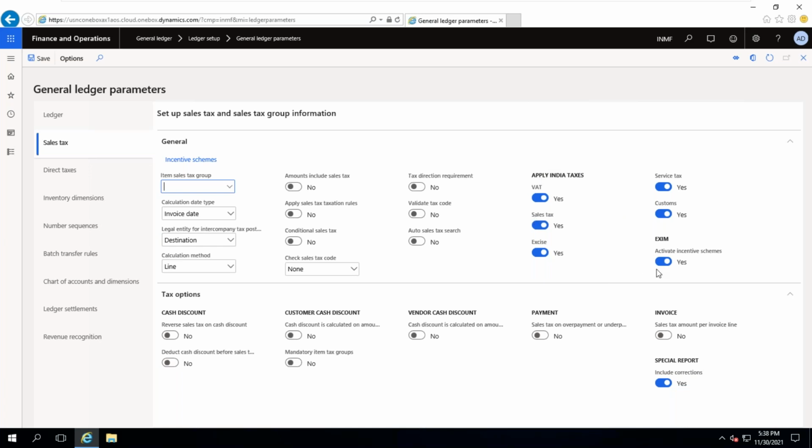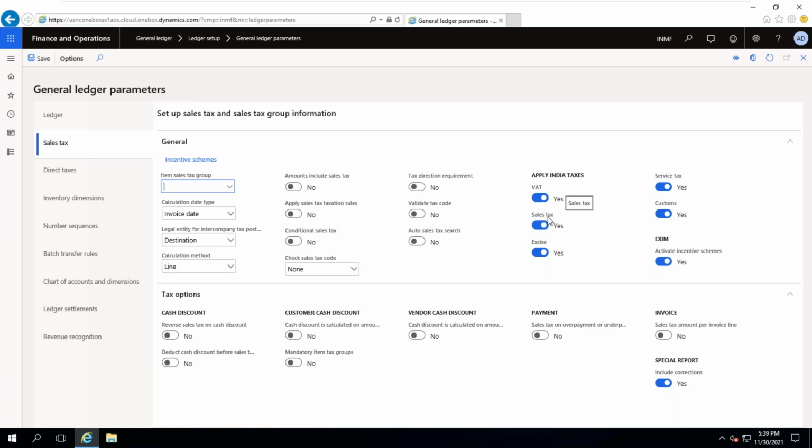These are the different taxes applicable for India. If it is USMF, you are not able to find this. Look at this: apply sales tax rules is not enabled. This is different. This is the old taxation.